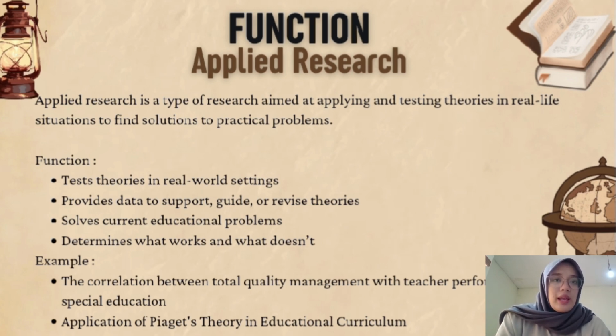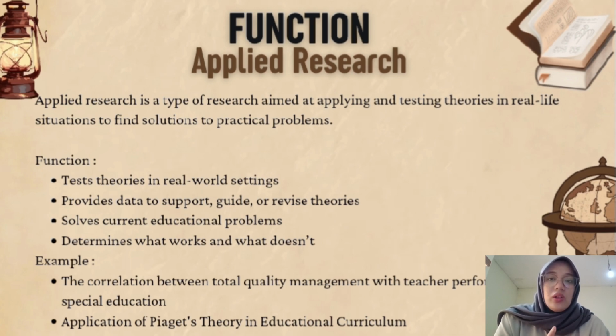And we move to the examples of applied research. So I also have two examples in here, and the first one is from a journal. The title is The Correlations Between Total Quality Management with Teacher Performance in Special Education. So this research examines the relationship between total quality management, or TQM, and teacher performance in special education.